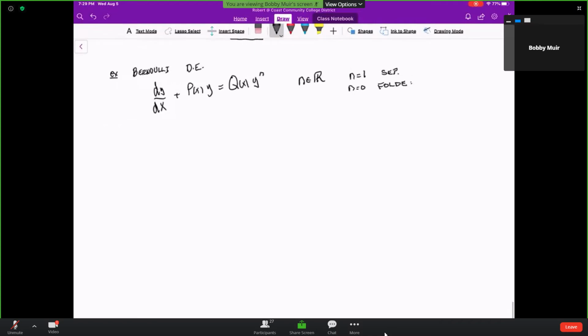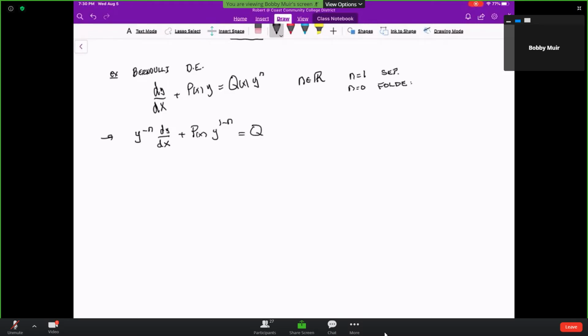So the trick here, generally, is that we're going to divide through by y to the n. So this would give me y to the negative n times dy dx plus p of x times y to the 1 minus n equals q.